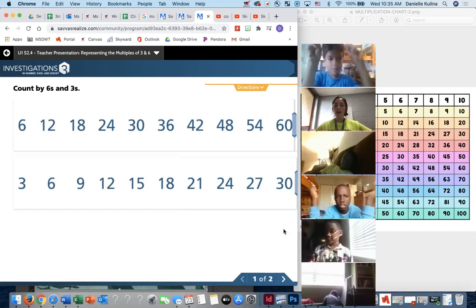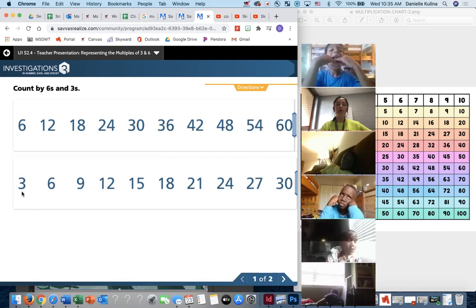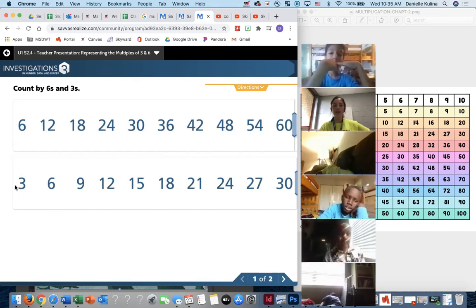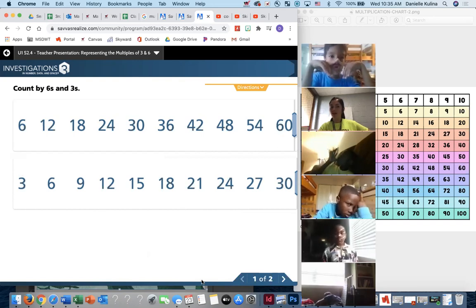Well, what if I did 3 plus 3? What does 3 plus 3 equal? 6. What does 30 plus 30 equal? 60. Do we see that? What does 6 plus 6 equal? 12. Look at that.